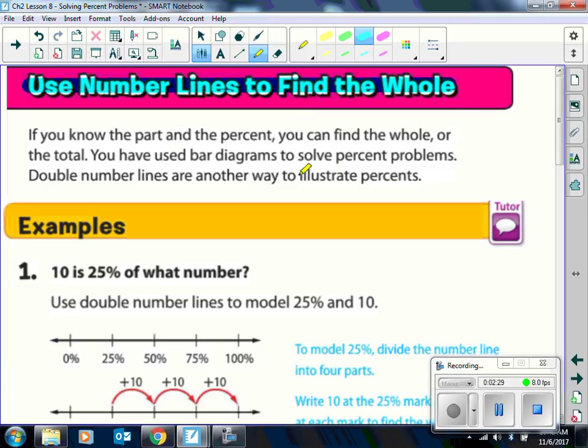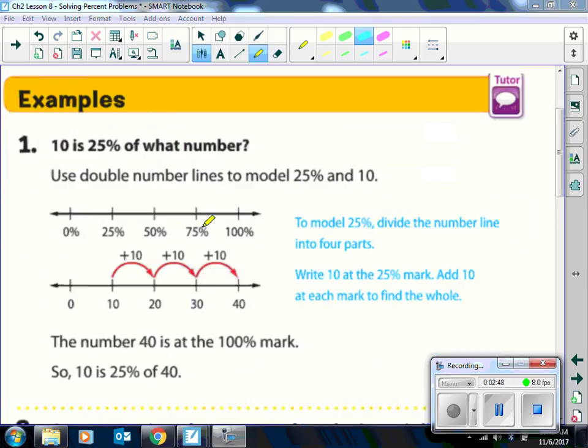Now you don't have to write this paragraph. It says if you know the part and the percent, you can find the whole or the total. Okay? You have used bar diagrams to solve percent problems, and now we're going to use double number lines to illustrate percents. So here, for example 1, we want to know 10 is 25% of what number?